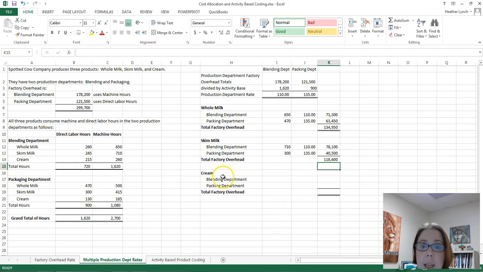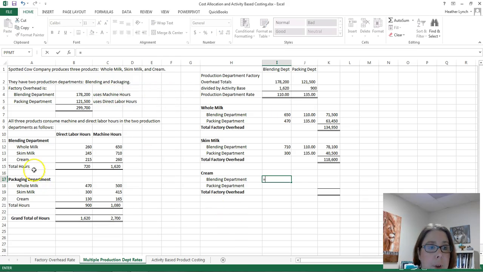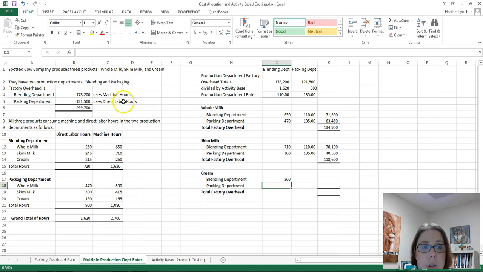Let's do the process again for cream. Again, blending department uses machine hours. So let's find blending department, let's find the cream, let's find machine hours. So 260. Again, packaging uses direct labor hours. So let's find packaging. Let's find cream. They base it on machine hours, I'm sorry, direct labor hours.